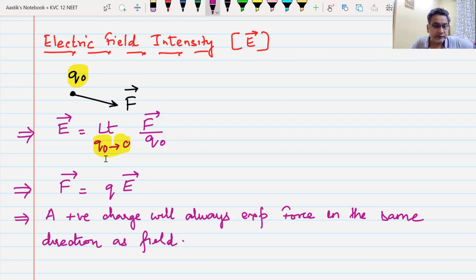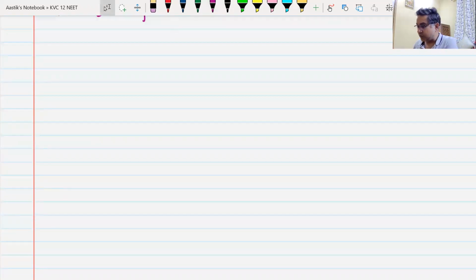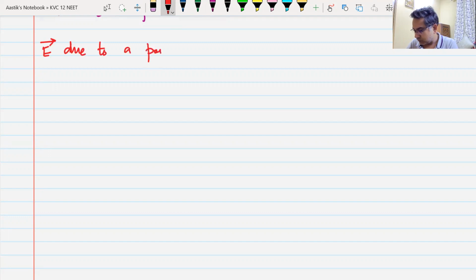Then we can also write the formula of electric field due to a point charge. Do you know the formula of electric field due to a point charge?